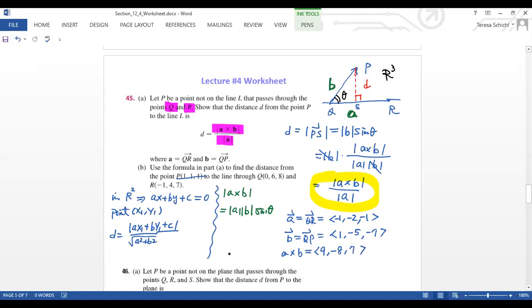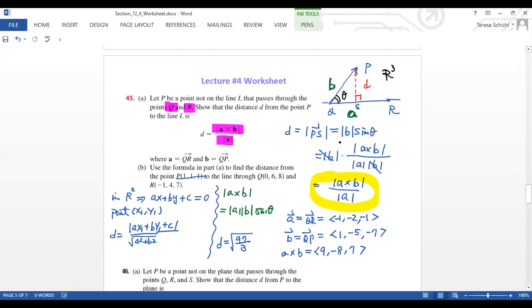Then you'll be able to find the distance. I'm going to leave the detailed procedure to you, but I think the final answer for the distance will be the square root of 97 over 3. So you can plug into the formula and see whether you can match my answer here.